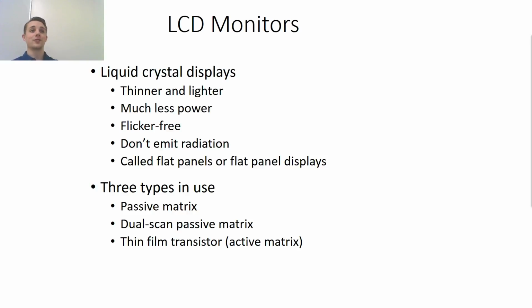LCD monitors. Welcome to the future. Liquid crystal displays. So apparently zero radiation, less power, thinner, lighter, and they're called flat panels because they are mostly flat. 3 types: passive matrix, dual scan passive matrix, or thin film transistor, also known as active matrix.